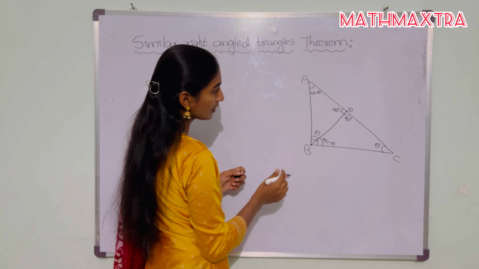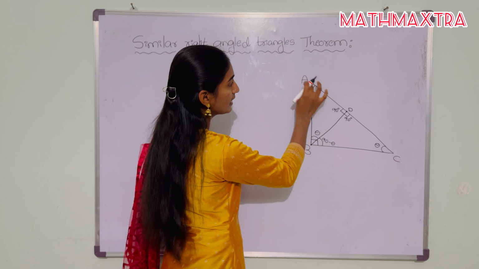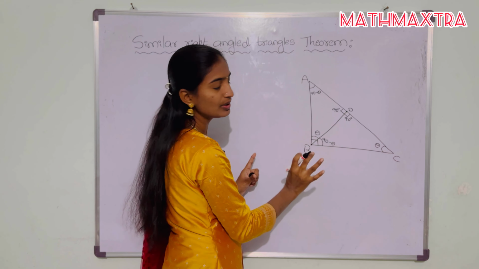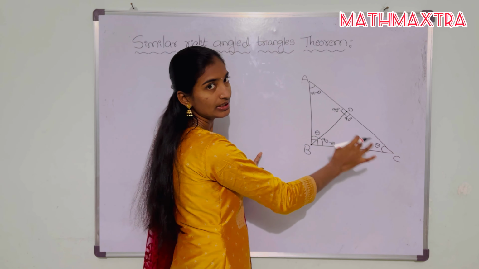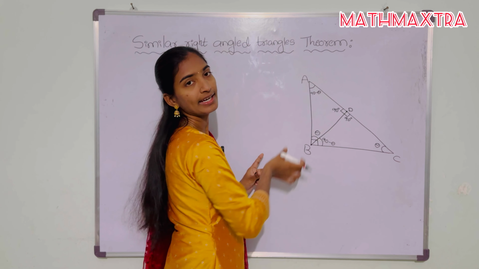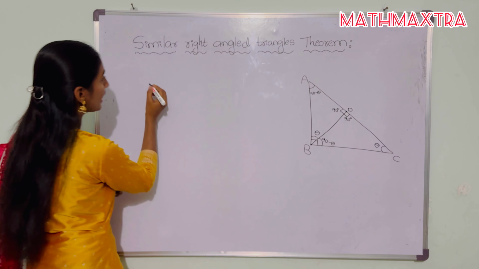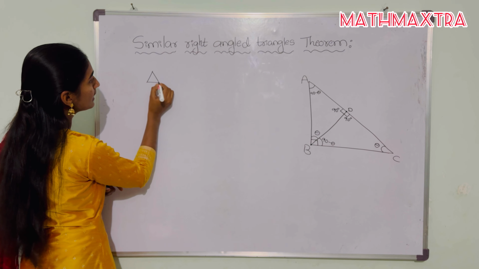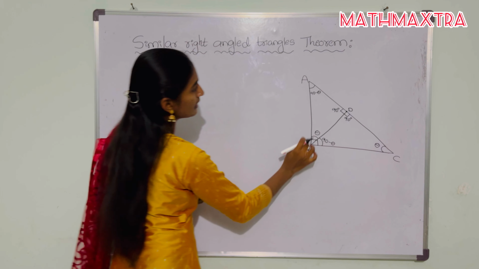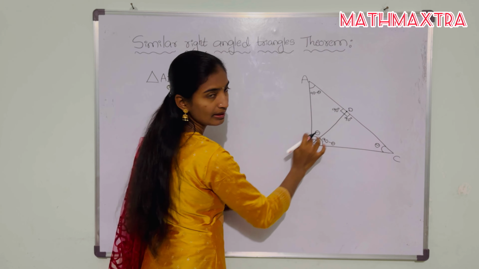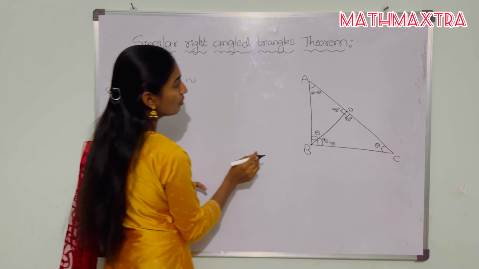Now the statement itself says these triangles are similar to each other. The perpendicular divides the larger triangle into two right angle triangles, right? So what are those two triangles? We will write here triangle ADB, which is similar to what?